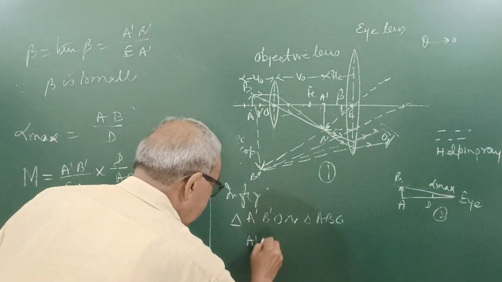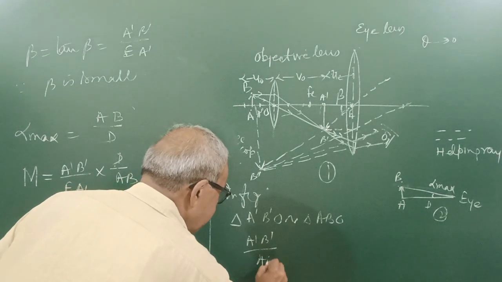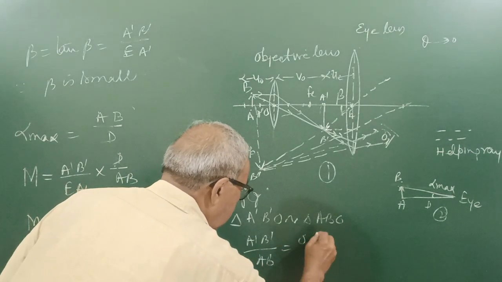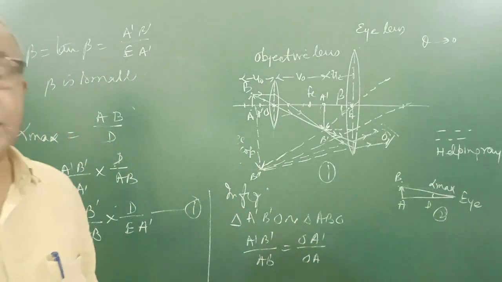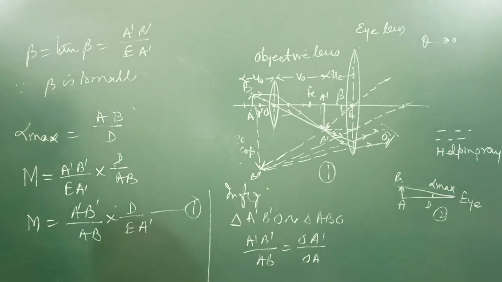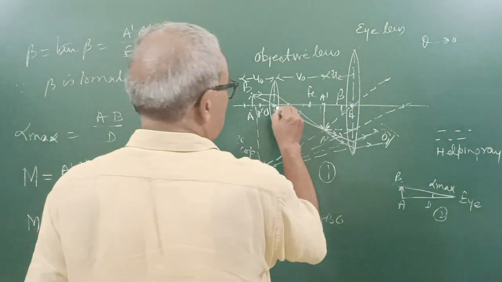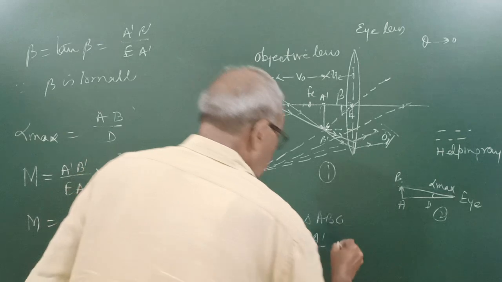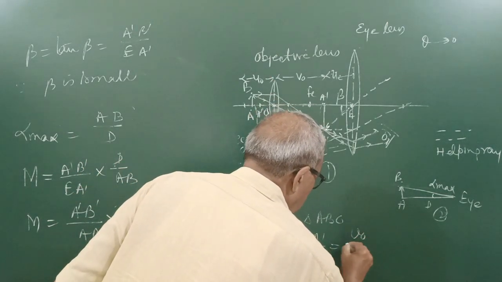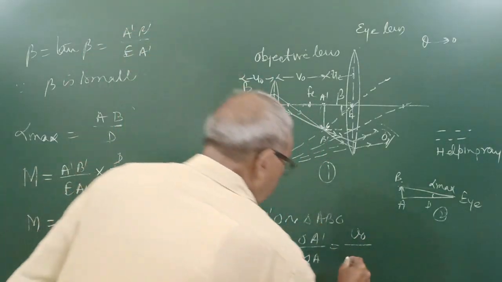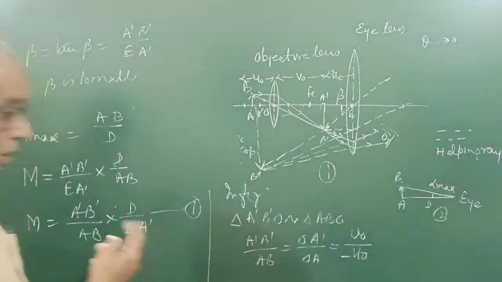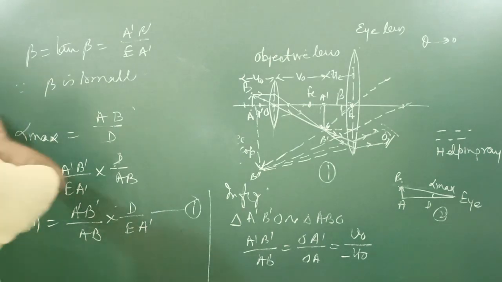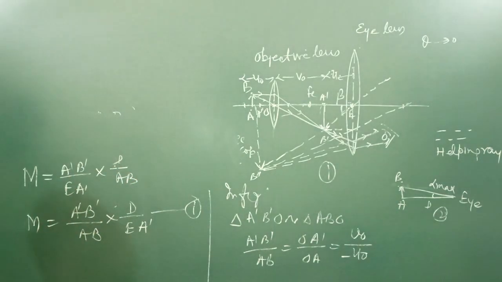Hence A dash B dash upon AB equals OA dash upon OA. Sides of similar triangles are proportional. OA dash is equal to BO upon OA, minus U.